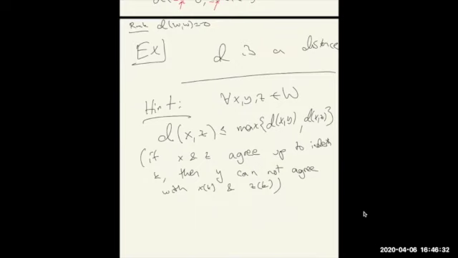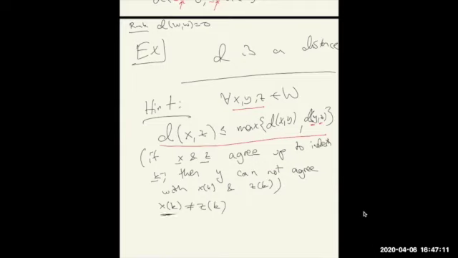And you can actually prove a stronger form of the triangle inequality, namely that for every 3 words, the distance from x to z is at most the maximum of the distance from x to y and the distance from y to z. And as a hint to how to prove this, if you know that the words x and z agree up to the kth index, that means up to k minus 1 really, then you know that xk is not equal to zk.